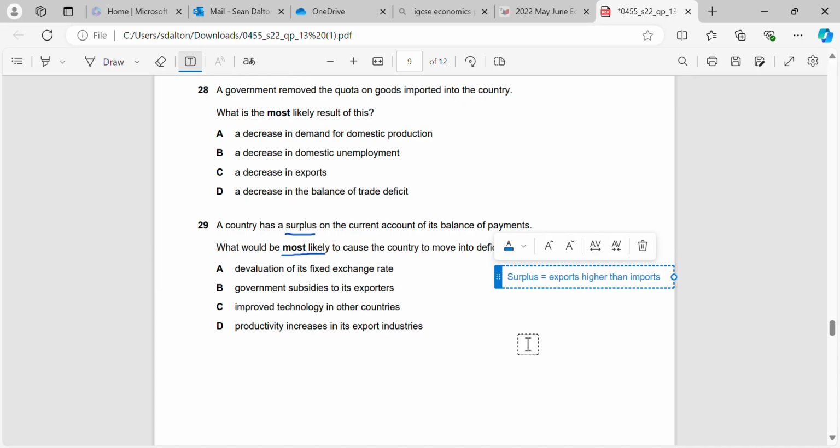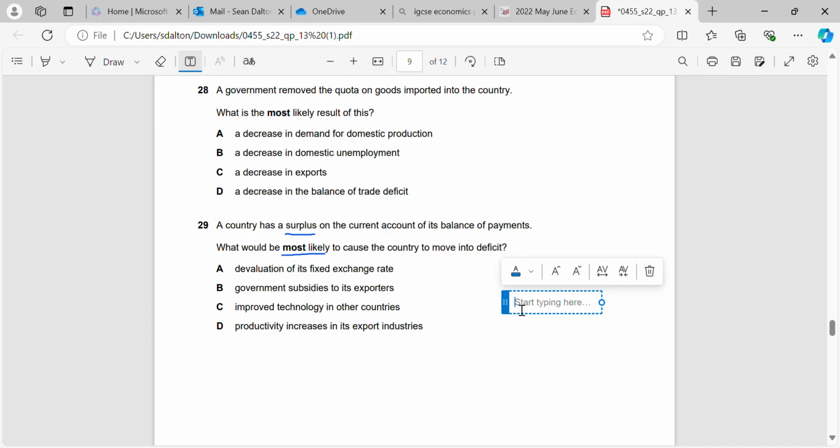So to move into a deficit, we would need imports higher than exports, right? That's what we're going to be looking for in these answers from A to D.